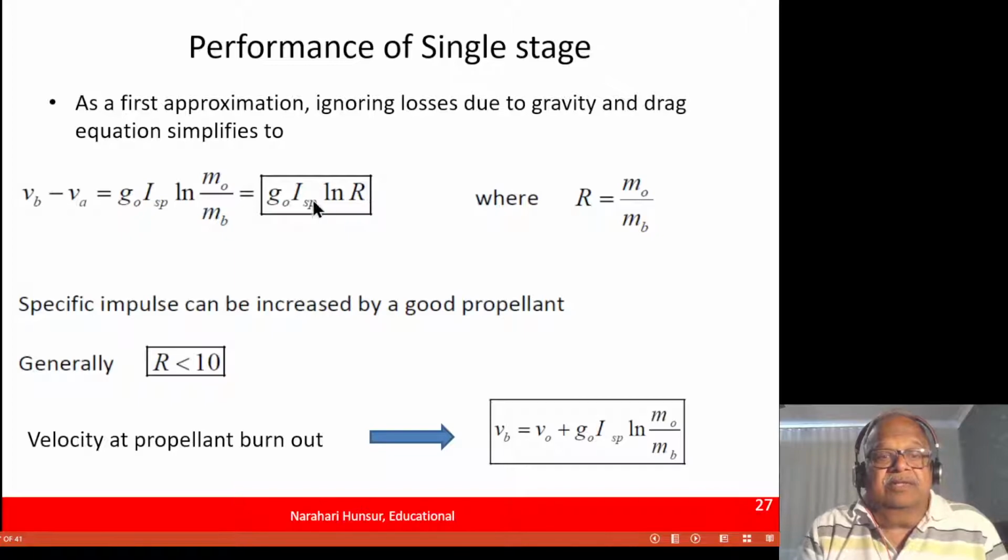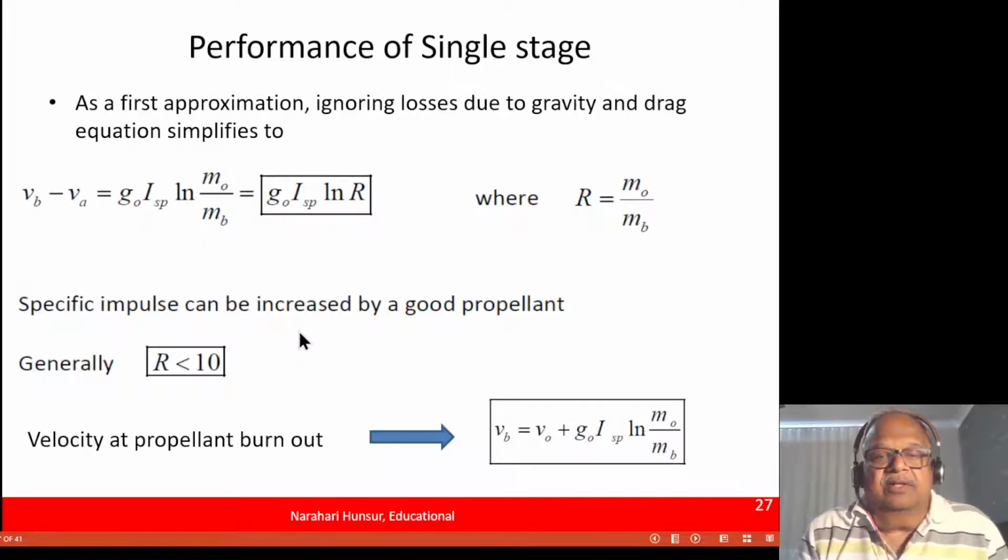Specific impulse: if I want to get higher and higher velocity improvement, I can increase the specific impulse. But there is a limit to the specific impulse of chemical propellants. Not much I can do about it. But I can also increase this ln m naught by mb.